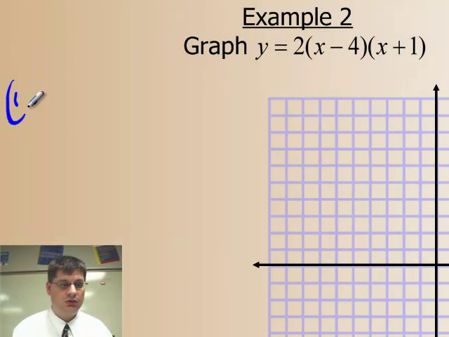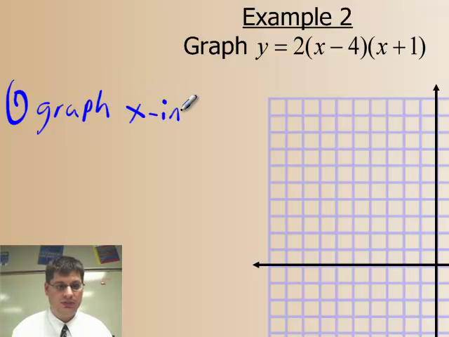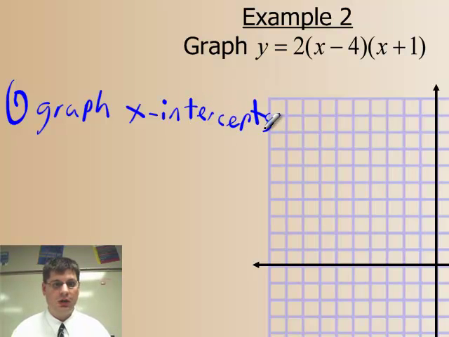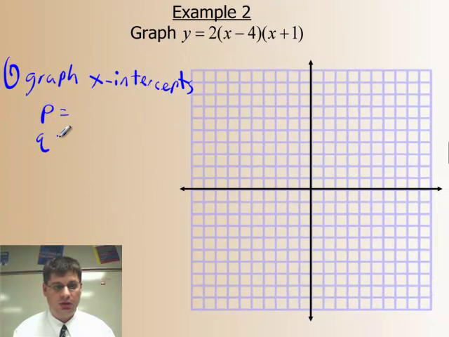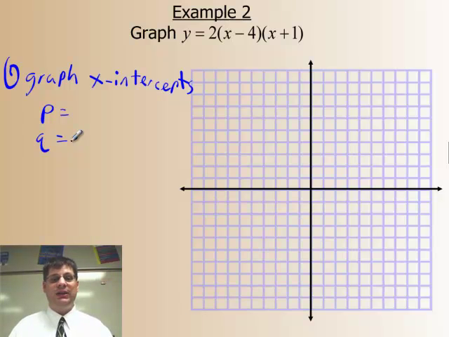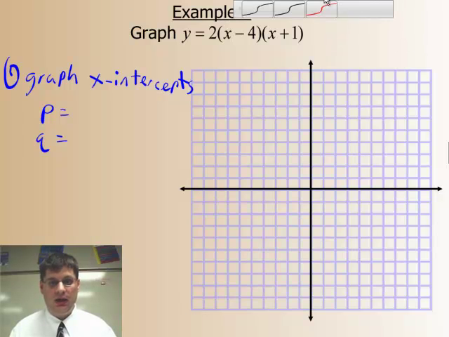So first we're going to graph the x-intercepts. That means we need to know our P and we need to know what our Q is. Remember, it's a minus P and a minus Q in the general equation.